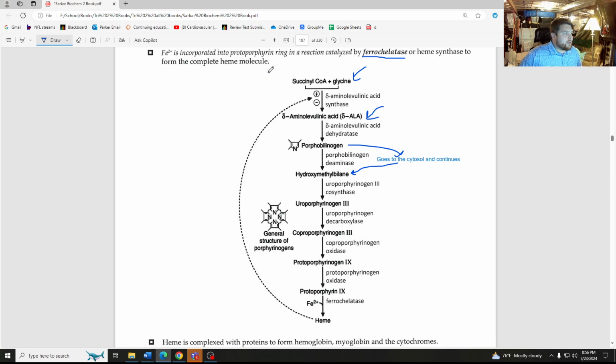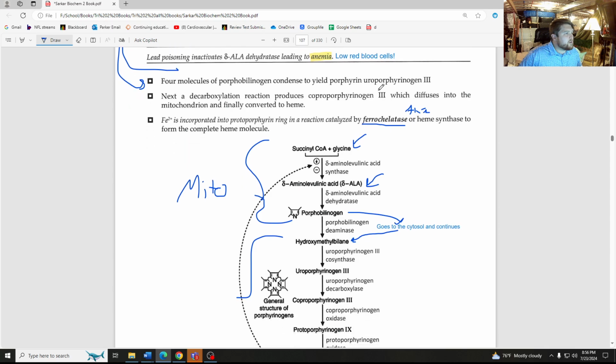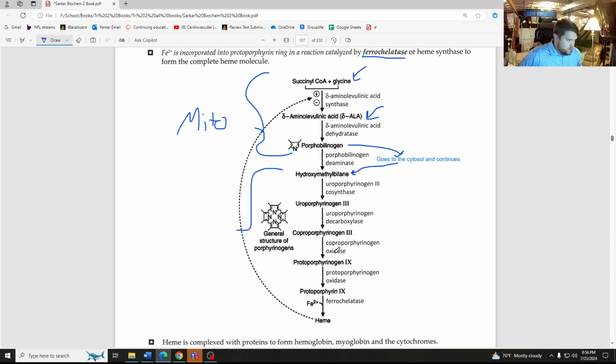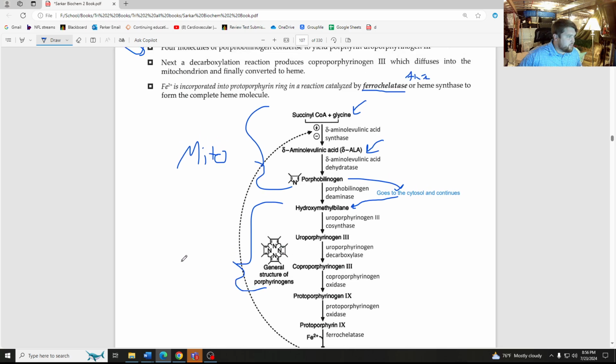All of this, this first chunk right here, happens in the mitochondria. And then the next chunk of this part, remember that this happens right here. All of these happen in the cytosol.